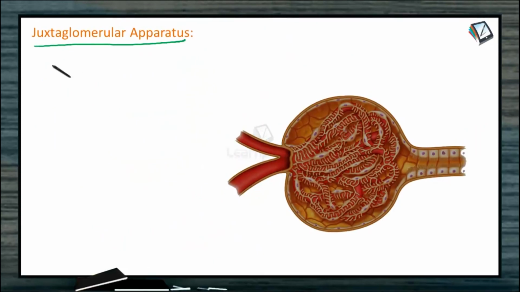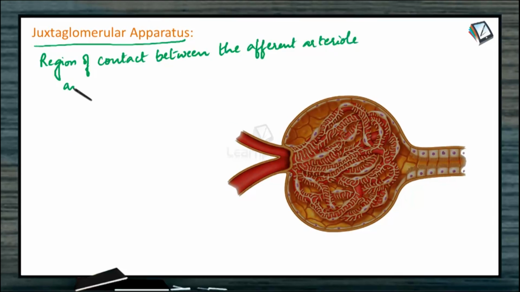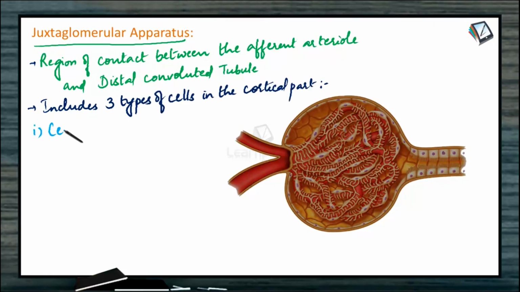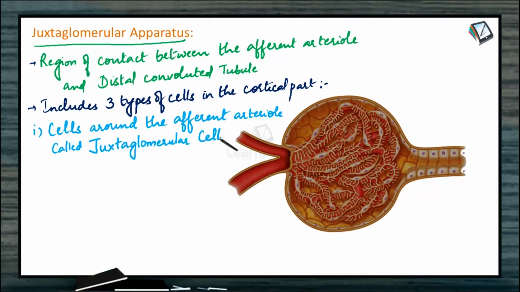Juxtaglomerular apparatus. This is a region of contact between the afferent arteriole and the distal convoluted tubule. It includes 3 types of cells in the cortical part. First, cells around the afferent arteriole called juxtaglomerular cells.